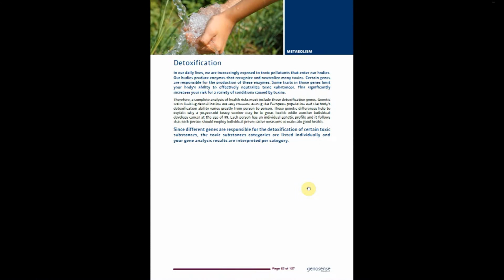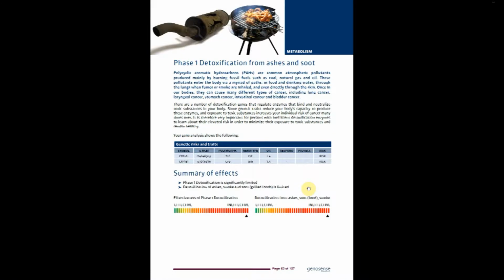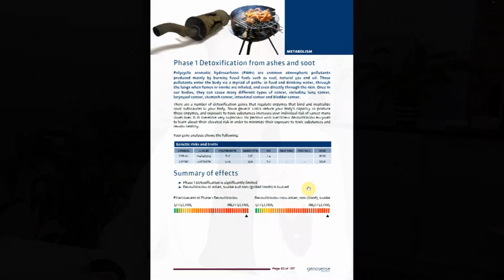All right, let's look at your results. So again, on this page, you will find some general information. Do read through it. And here is phase 1 detoxification. And this is all about ash, soot, smoke and burnt things. So as you know, smoking increases your risk of lung cancer.